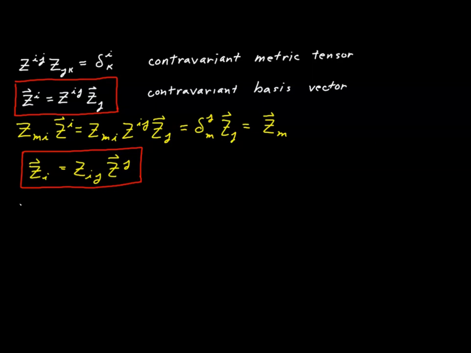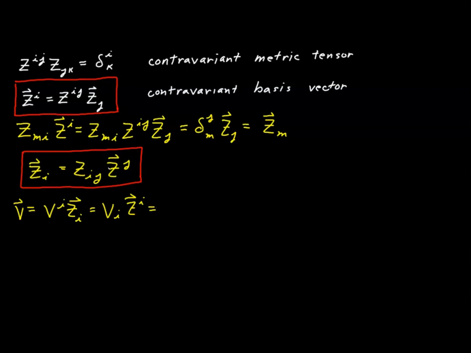We know that any vector can be represented as a linear combination, and we can do it in two ways. We can use the contravariant component times the covariant basis vector, or the covariant component times the contravariant basis vector. Either one works.